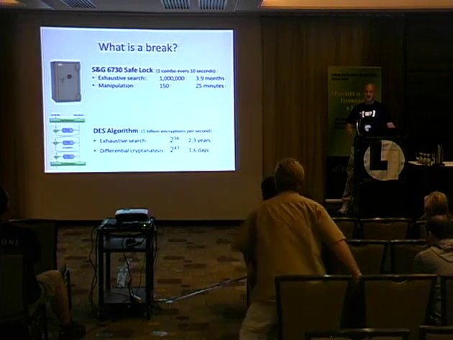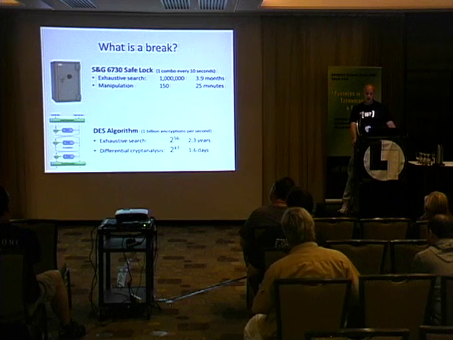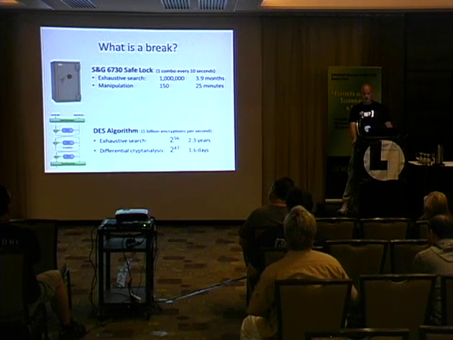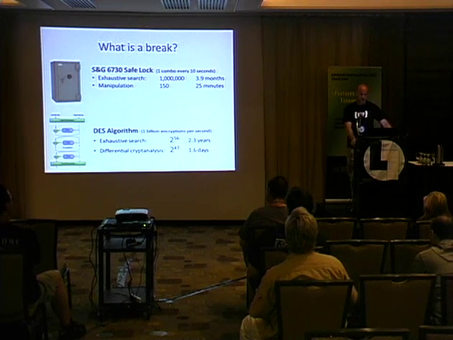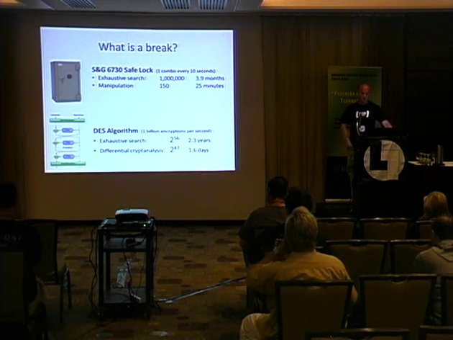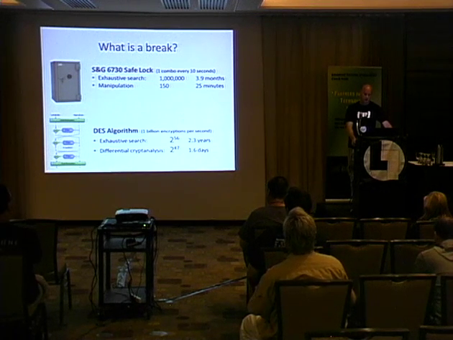So you don't want to test every single key; you want to get it in less work. Again, with the safe lock, you can either test 1 million combos, or you can take apart the lock, figure out how it works, find the vulnerability, and do 150 combos. You're still doing work. It's not instant, but you're doing less work. And in the case of DES, it goes from 2.3 years to 1.6 days if you apply this attack to that algorithm.